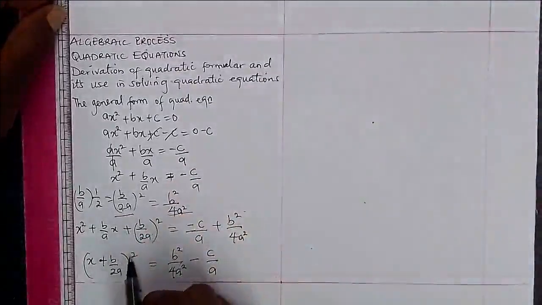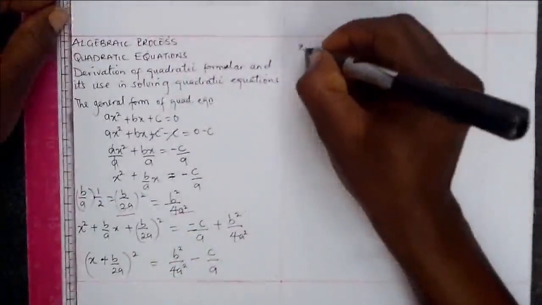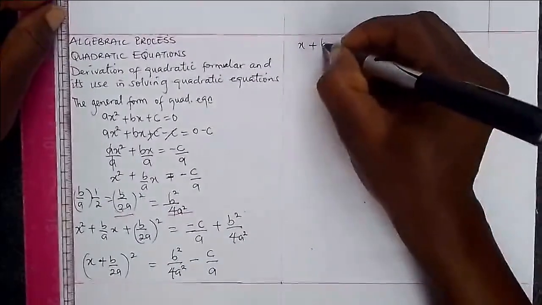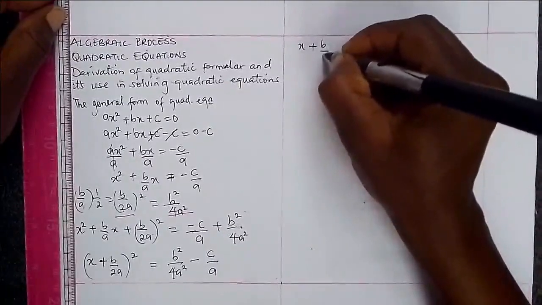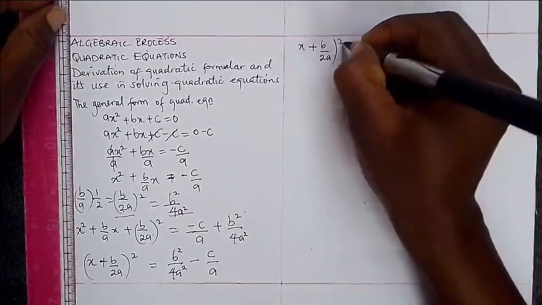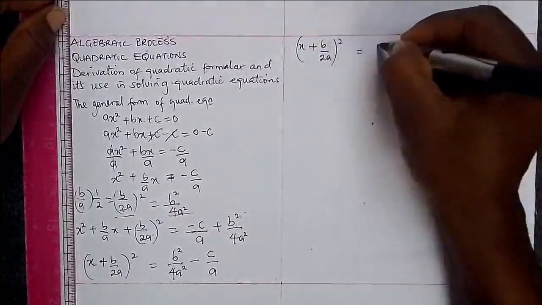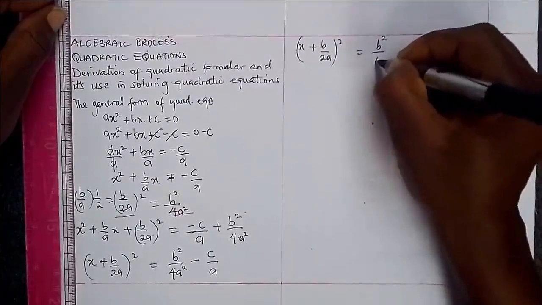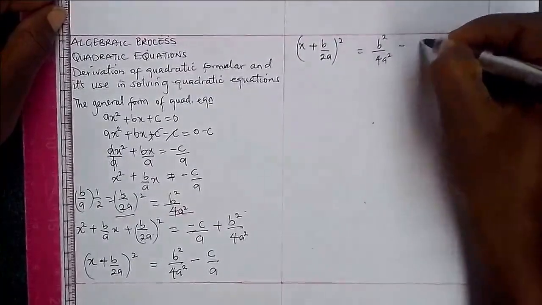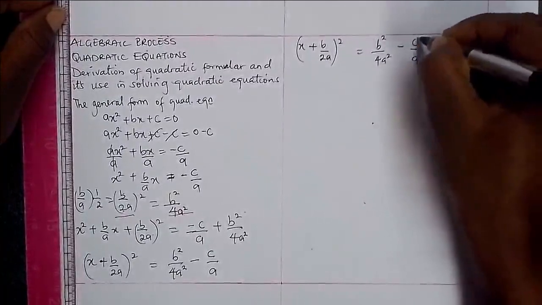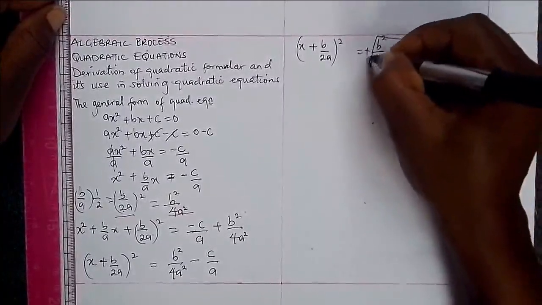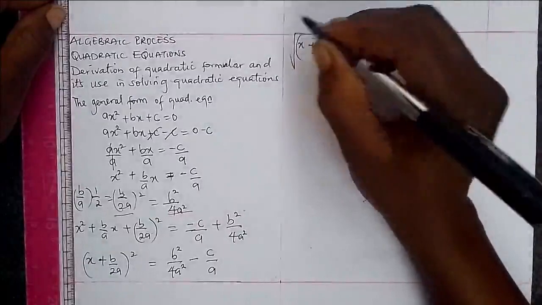Now we want this square to go. In order to let that square go, remember what we do? We introduce our square root. It is equal to b squared over 4a squared minus c over a. When you introduce the square root, add your plus or minus.